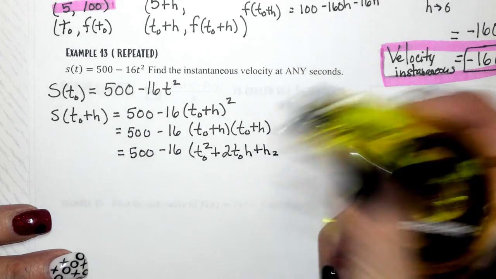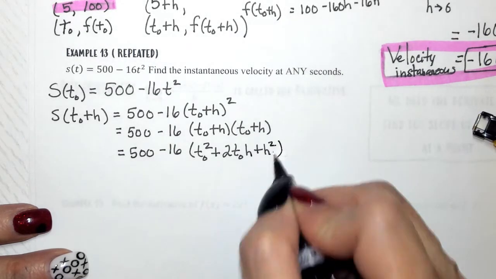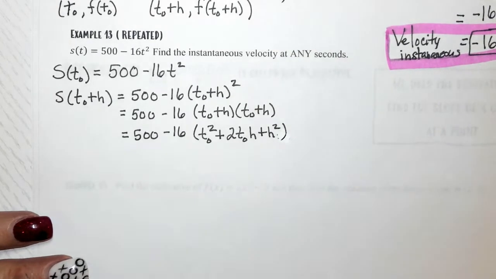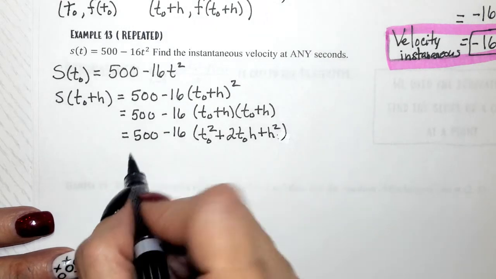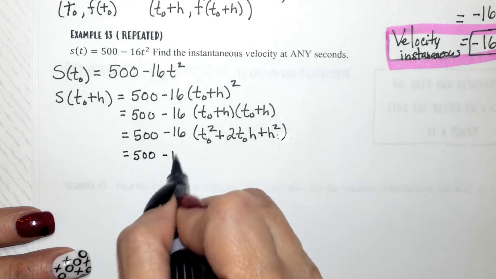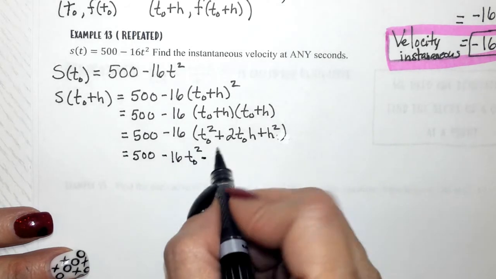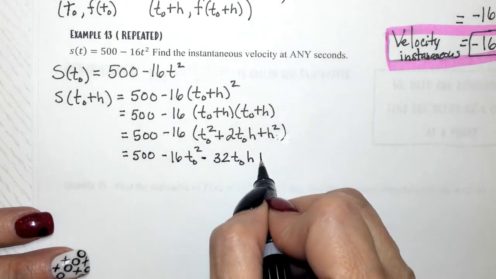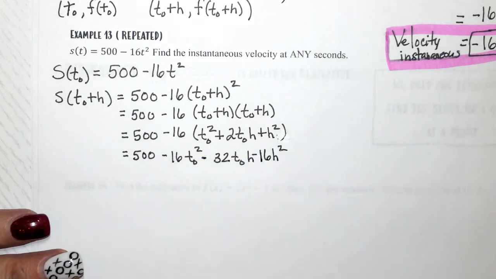Oh, I put the squared in the wrong spot. If you are an algebra guru right now, you're like nerding out. You're like, oh my gosh, this is so fun. Okay, here we go. Equals 500 minus 16 t naught squared minus 32 t naught h minus 16h squared.